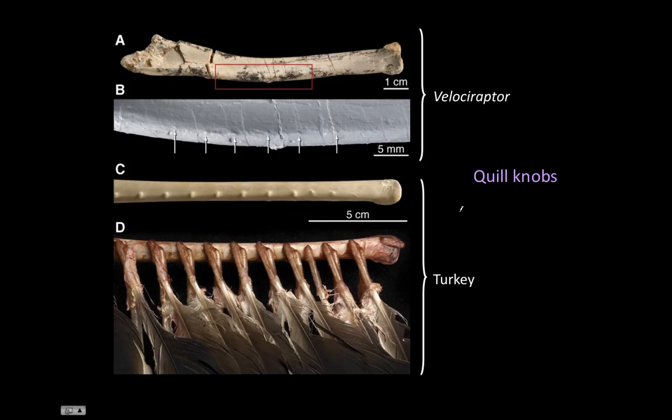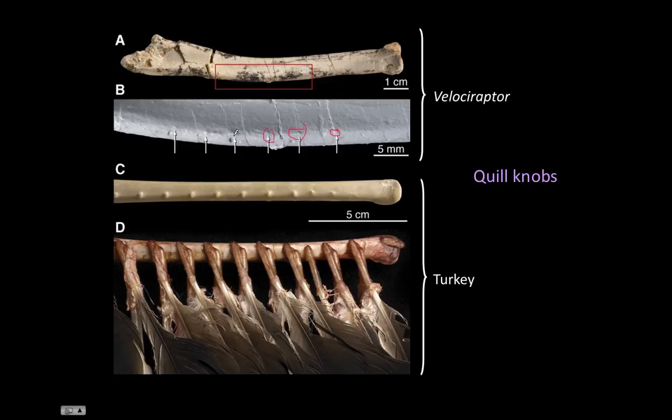And here is another image. This is the fossilized bone from the forelimb of a Velociraptor, and if you zoom in on this area in the red rectangle, you can see these little knobs on the bone. See one there, see another one there.